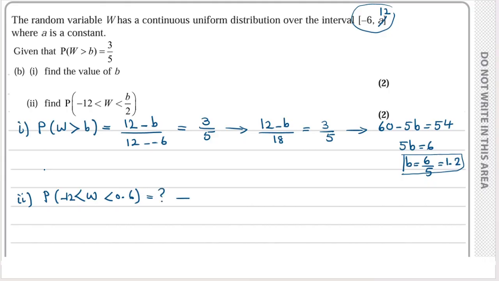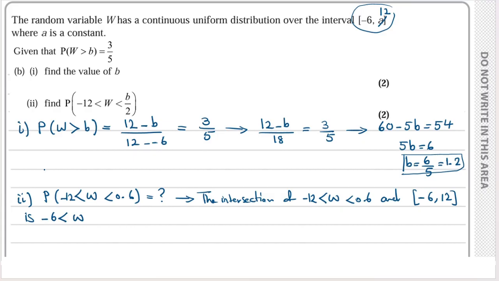We notice that the intersection of the interval -12 to 0.6 and -6 to 12, as given in the question, is -6 to 0.6.